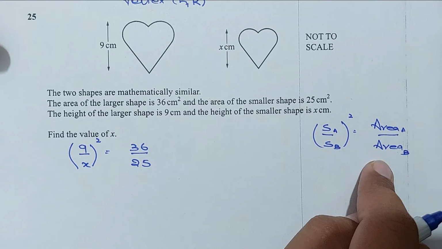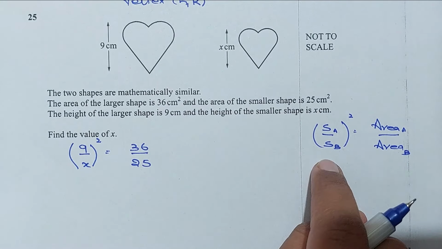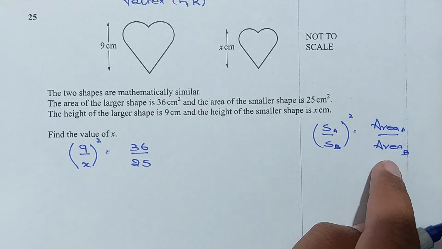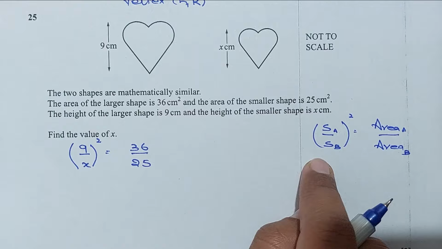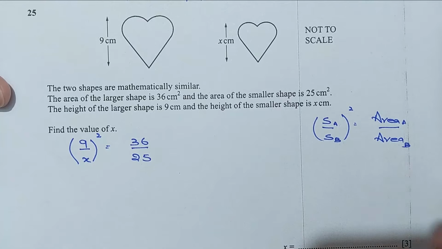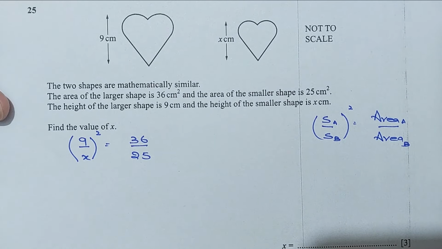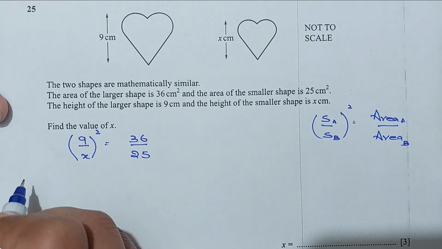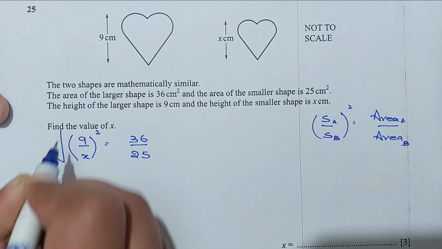When the ratio of the areas is equal to the square of the ratio of their sides, the ratio of the volumes is the cube of the ratio of the sides. We are not working with volumes, so we are just doing the squares. To get rid of the squares, take the square roots on both sides.